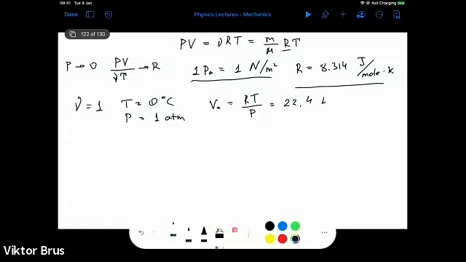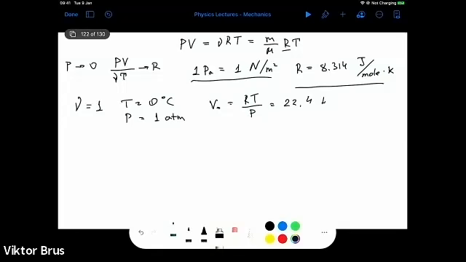So it is quite common and convenient sometimes to define the amount of material expressed not in moles, but in number of particles which forms this gas, molecules or atoms.